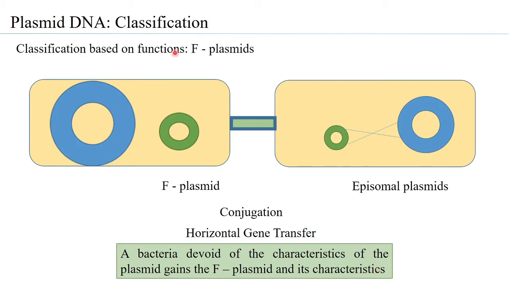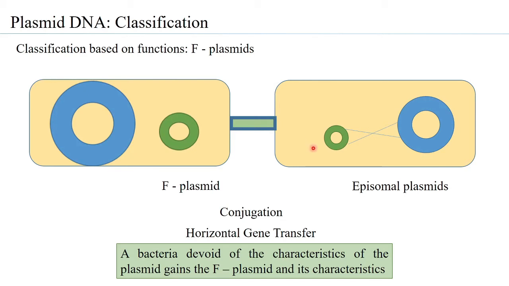Now, why did we term this fertility plasmids? Because at that point of time, what was considered is that because this bacteria is a donor and this bacteria is a recipient, this was considered equivalent to sexual reproduction, where this is the male and this is the female counterpart.